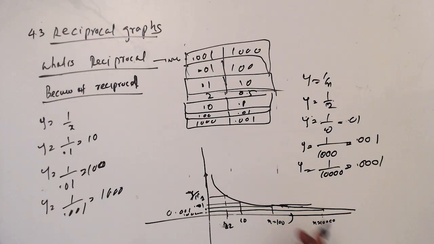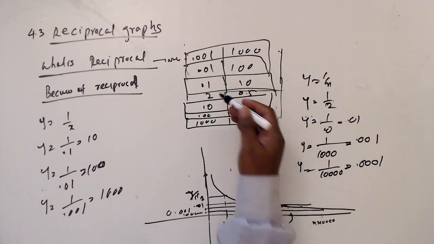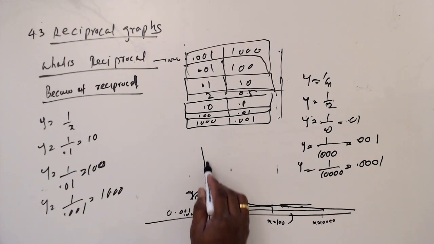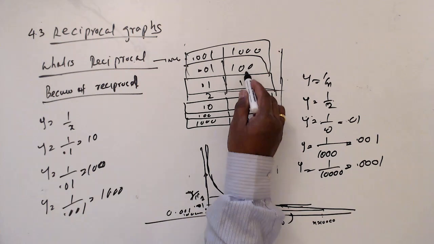So this is what we did here. Now I am making the x value smaller. When I am making the x value smaller, what will happen? The y value becomes bigger.